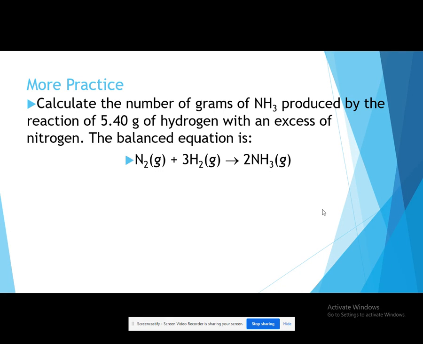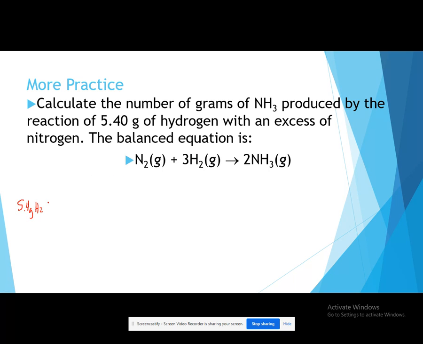Here it says, calculate the number of grams of NH3 produced by the reaction of 5.4 grams of hydrogen with excess nitrogen, and it gives me my balanced equation. You always start with what you're given, 5.4 grams of H2. I know that it's H2 because my equation says H2, and it's one of those diatomic molecules. It's barely ever found by itself.